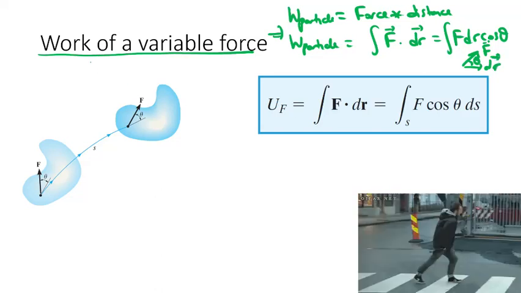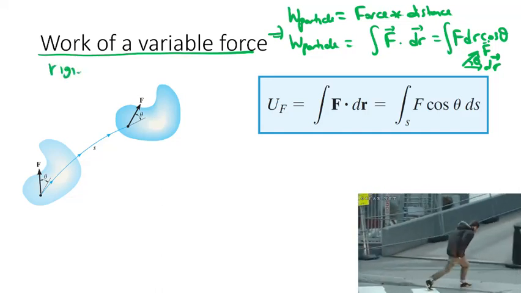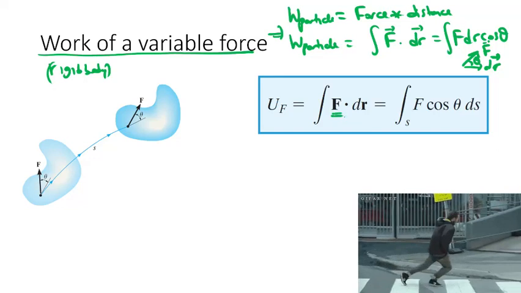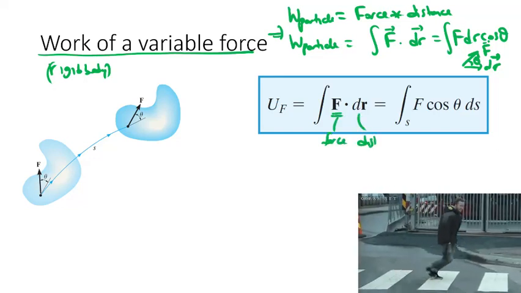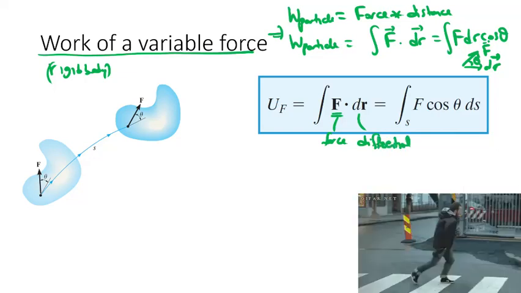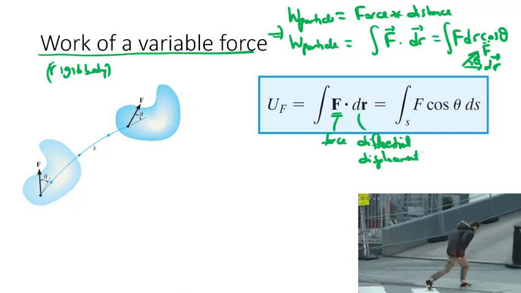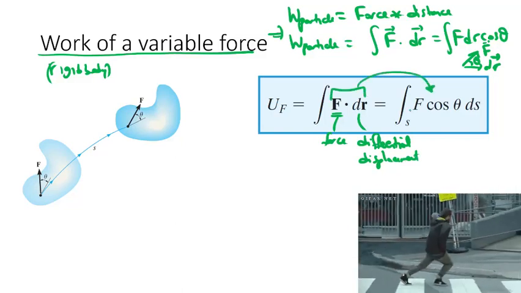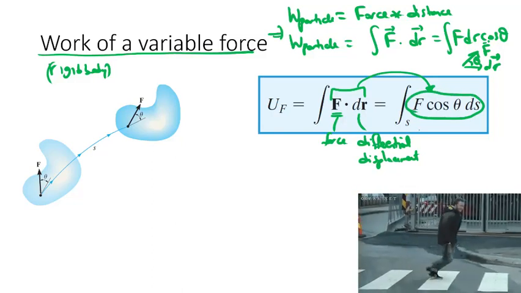Similarly, work of a variable force in a rigid body. We will use the same concept, that force into distance. So this one is actually the differential displacement, and this differential displacement can be shown here as the dot product.